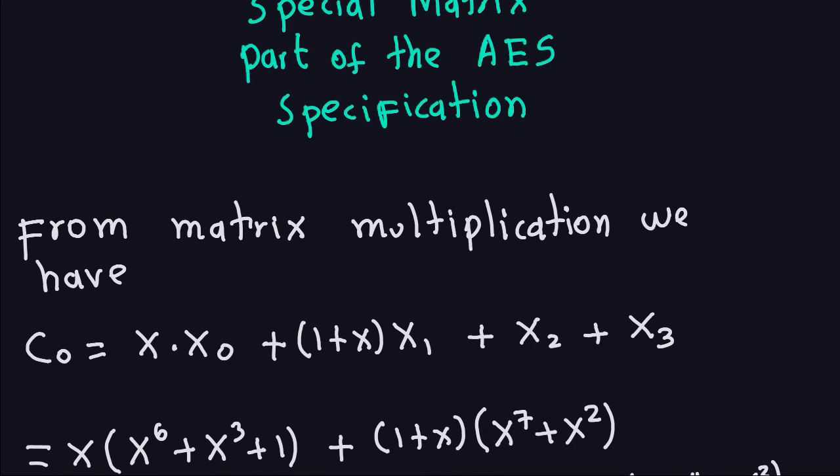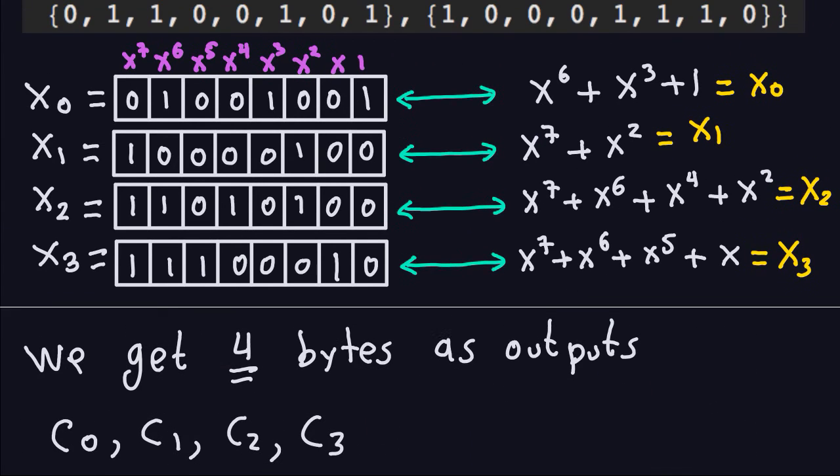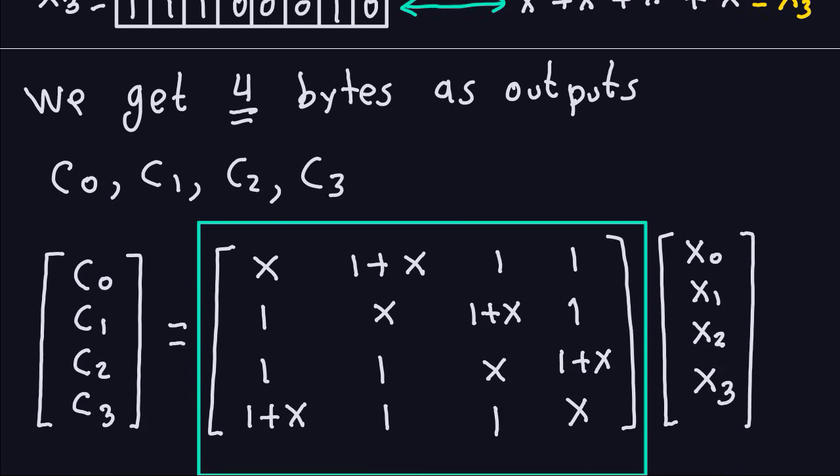Now once I have that, I have to recall what this x0, x1, x2, and x3 are. Remember, those are the polynomials that correspond to the bytes I'm trying to transform. If you go back over here, x0 will be this polynomial, x1 will be this polynomial, x2 will be this polynomial, and x3 will be this polynomial. So I'm going to replace them over here.